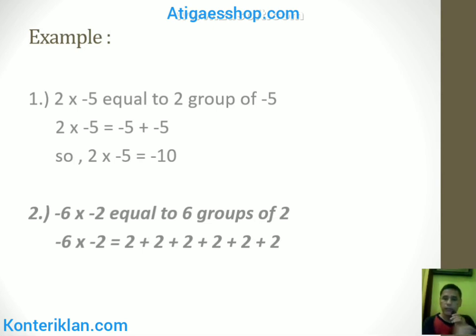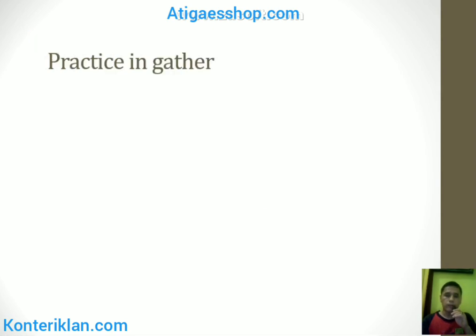If negative meet negative, for the multiply should be positive. So this one is positive because negative multiply negative, and so negative 6 multiply negative 2 equals to 12 positive.